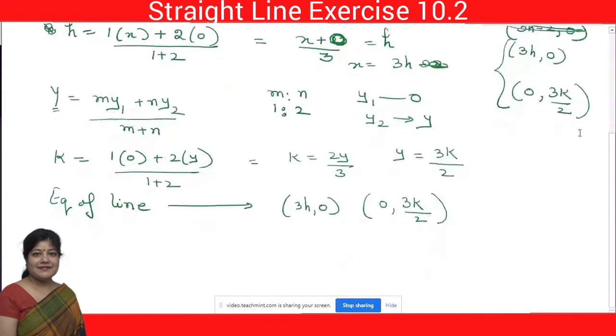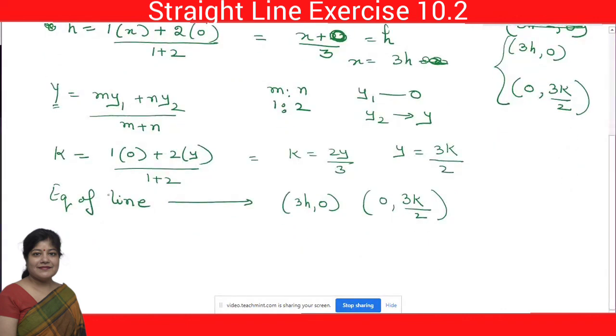Try to find the equation without seeing the screen.